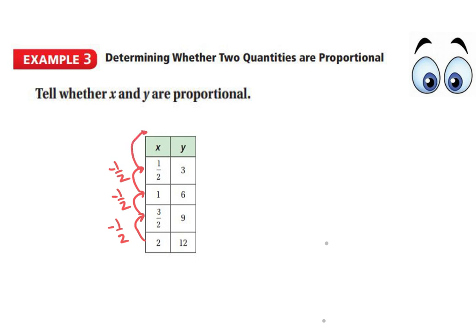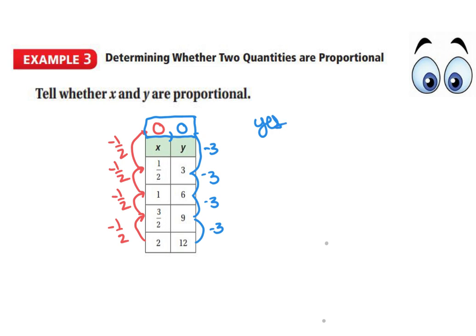So if we do a half minus a half, we end up with 0. On the right side, we are taking away 3 each time. So if we take away 3 again, 3 minus 3 is 0. If we extended this table, we would get the 0, 0, and we could say, yes, this is a proportional relationship.